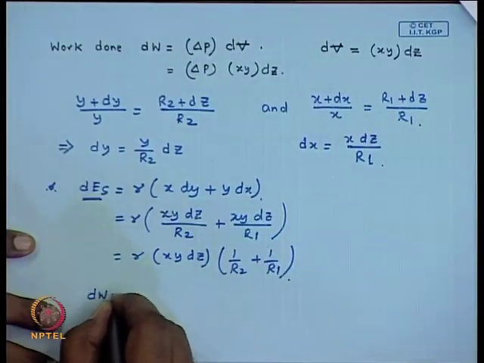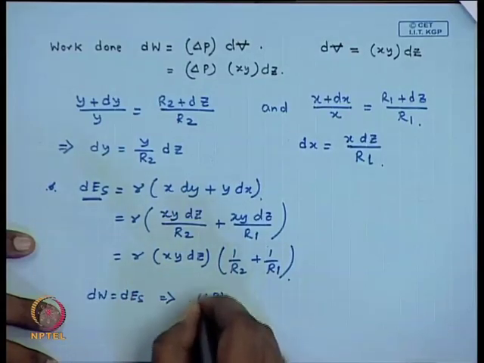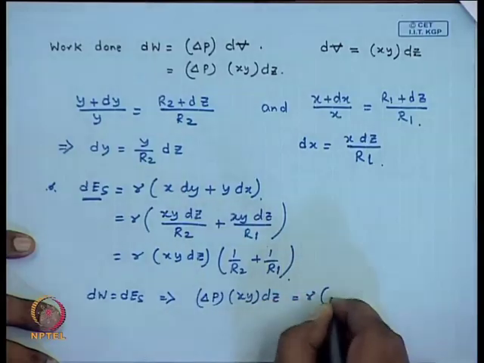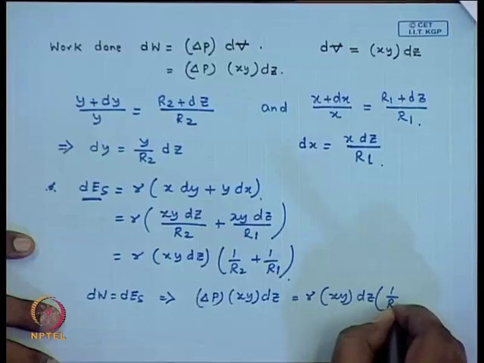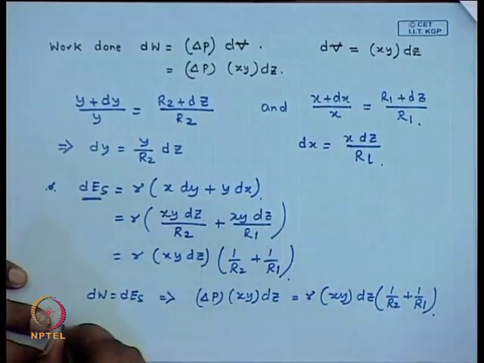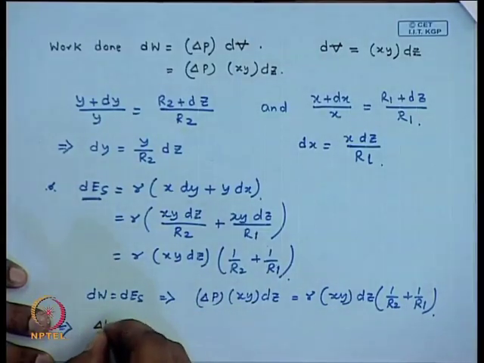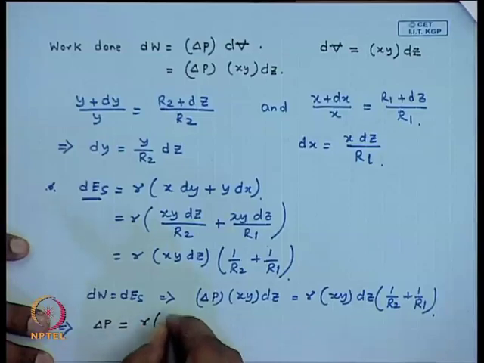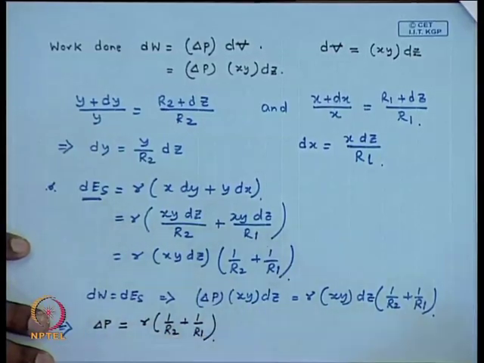So, if we do that, we get delta p x y dz is gamma x y dz into 1 by r2 plus 1 by r1, which turns out to be delta p is equal to gamma into 1 by r2 plus 1 by r1.